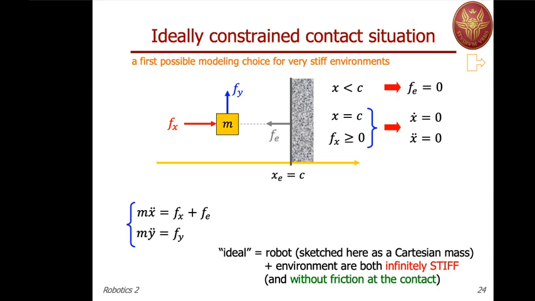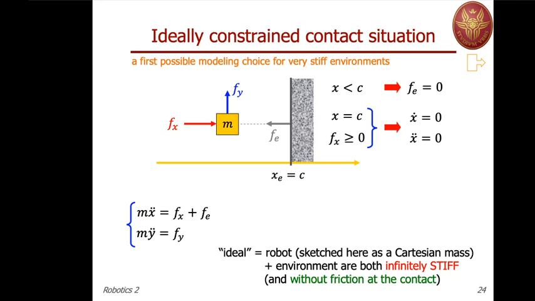If this is not the case, so we are moving in free space, approaching the surface with a positive velocity along the normal direction, so we hit the surface, we have an impact with the surface at a certain speed, then we can model and simulate also this situation, assuming that we have an inelastic impact, which means that at the instant of impact, we will have a positive velocity, let's call it x dot minus, with a minus symbol.